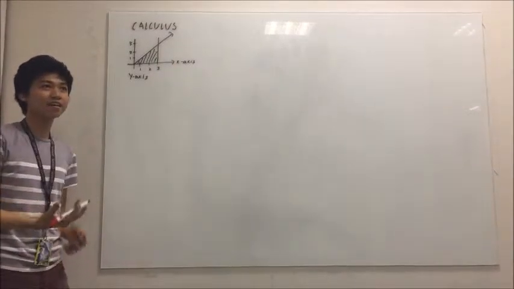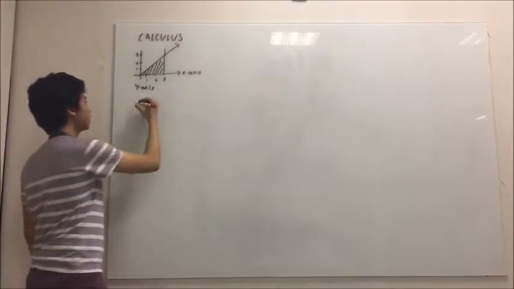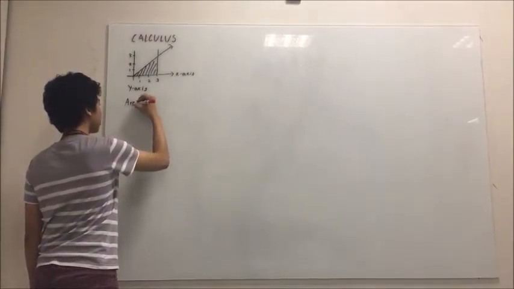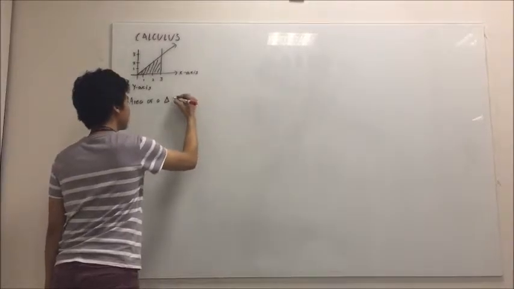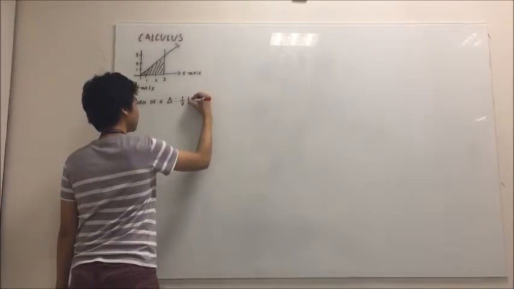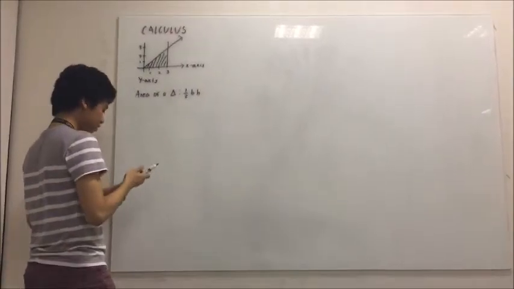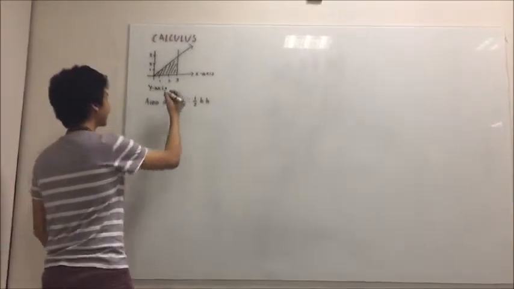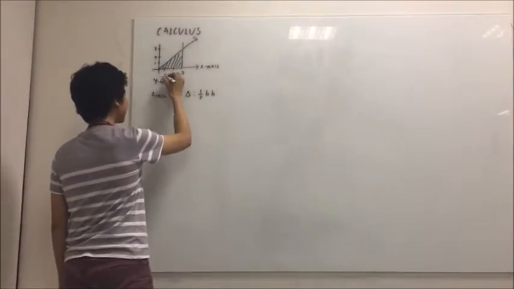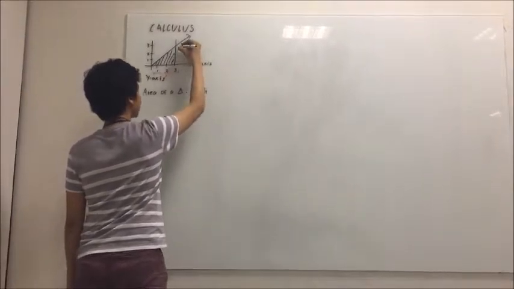Now by simply looking at it, we can already see that it looks like a triangle. And we all know that the area of a triangle is 1/2 base times height. By looking at the graph, we can see that the base is 3 and its height is also 3.